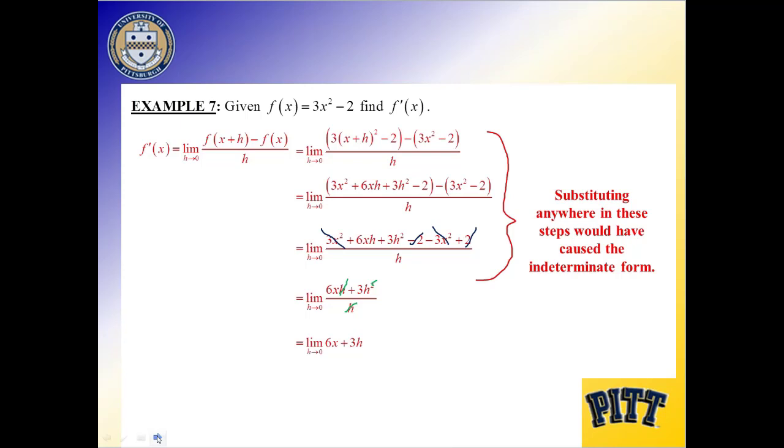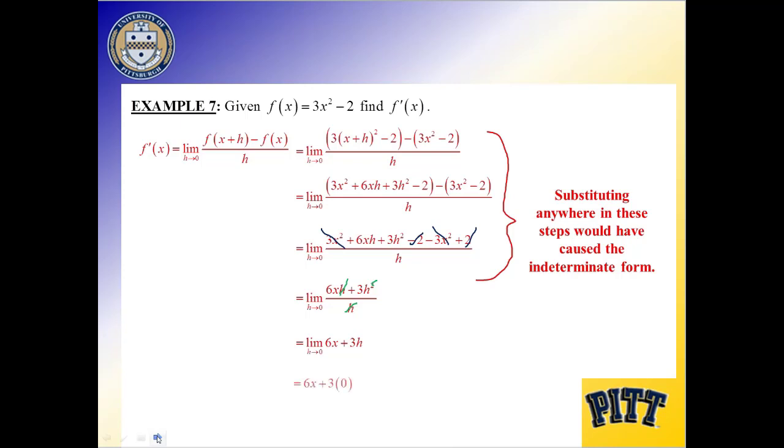And it's that h disappearing that caused the 0 over 0 to disappear. So that's why it was always important for us to make sure that we got that h to cancel out when we simplified it. Now when it's simplified, I'm not going to get that 0 over 0 anymore.